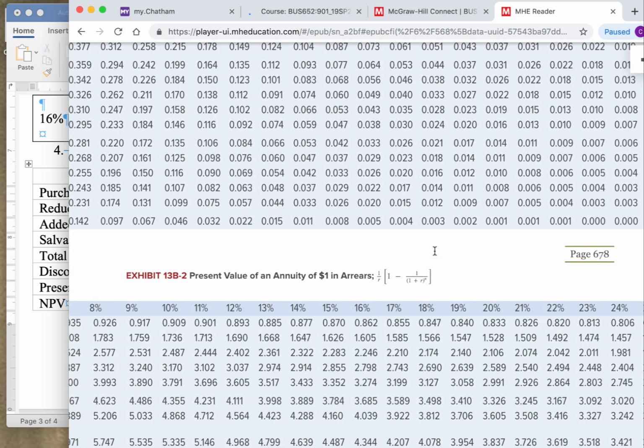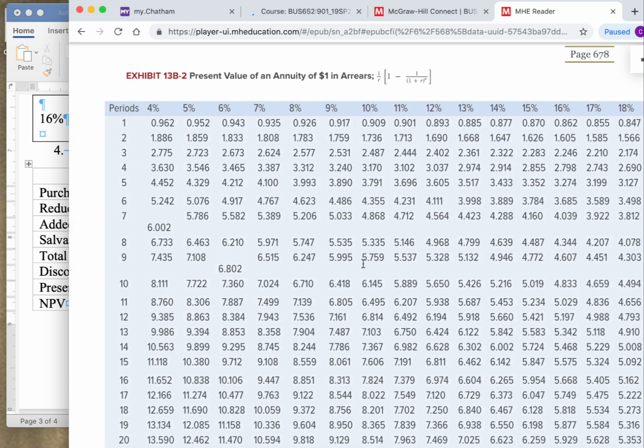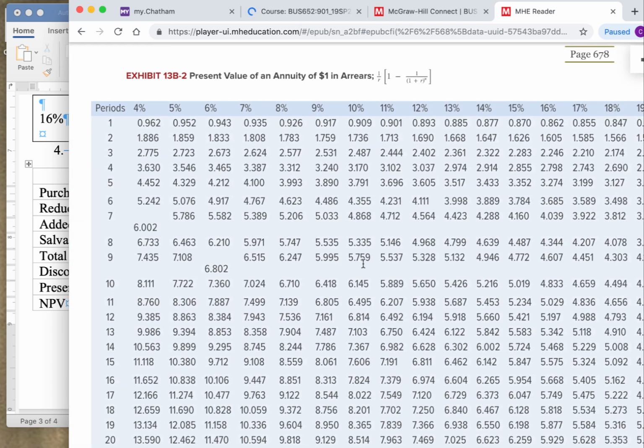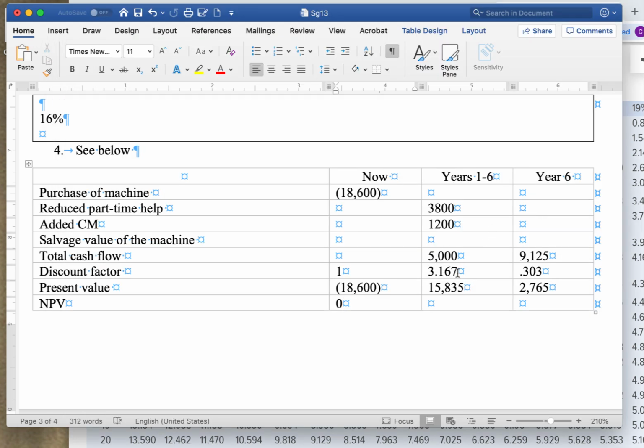If I do the same thing on the annuity, I get 3.865.